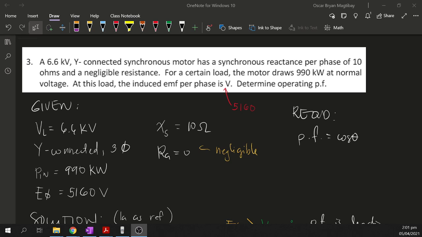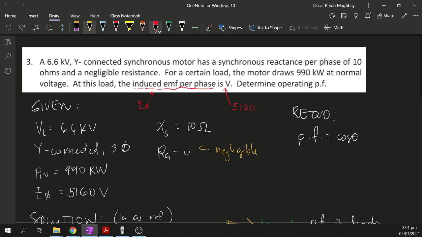So sa given natin, as shown here, we have 6.6 kV, Y-connected 3-phase. Ang P input natin, since the motor draws, ibig sabihin kumukuha 990 kilowatts. So that is P in. And yung ating induced EMF per phase, so yung tinatawag nating back EMF or counter EMF per phase is 5,160 volts. Again, pag sinabi natin induced EMF sa motor, remember, ito ay pag ang problem natin ay motor. This is what we call our back EMF per phase.